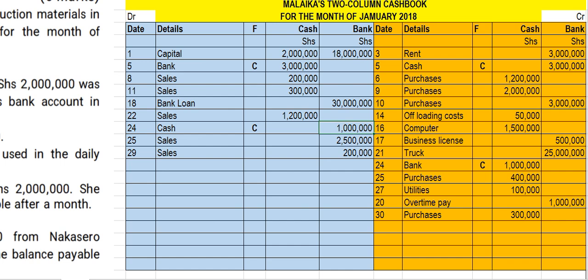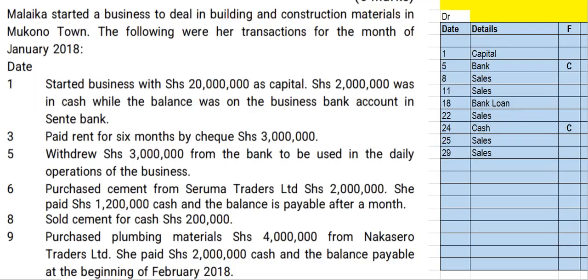With these columns, we have to start looking at the transactions one by one. On 1st January 2018, 20 millions as capital, 2 millions was in cash, while the balance was on the business bank account in Center Bank. So Malaika is starting the business with 20 million as capital, but 2 million is in cash, and then the balance is on the business bank account. That balance is 18 millions, such that when you add the 18 millions plus the 2 millions, it adds up to 20 millions.